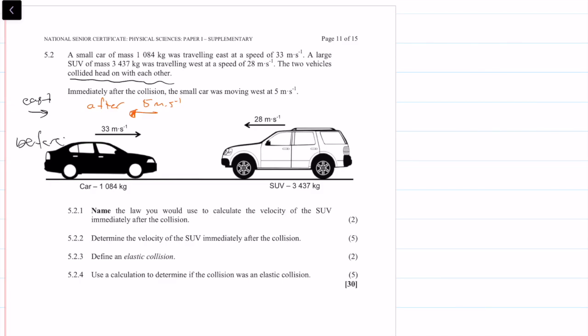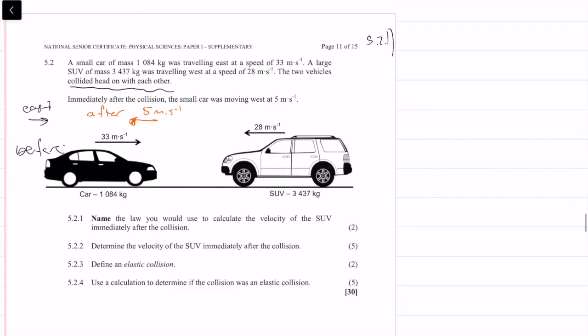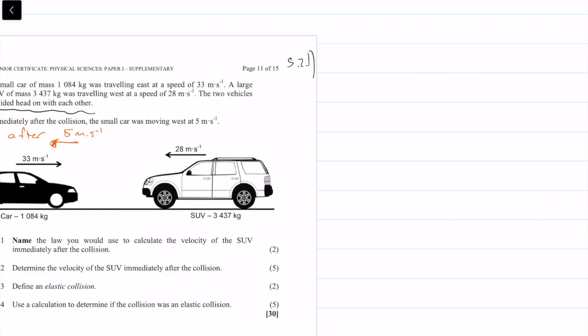Okay, cool stuff. 5.2.1. Name the law you would use to calculate the velocity of the SUV immediately after the collision. Okay, so I would say that it is the law of conservation of linear momentum.